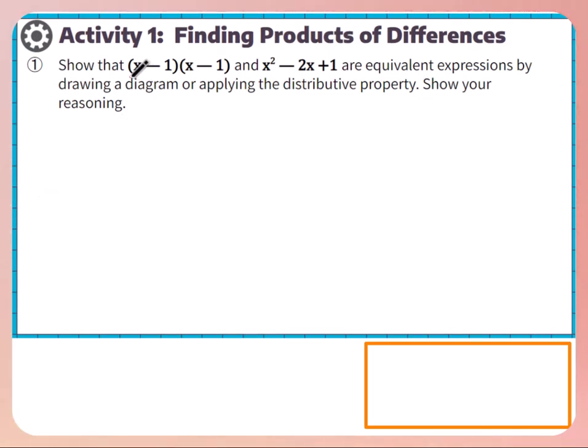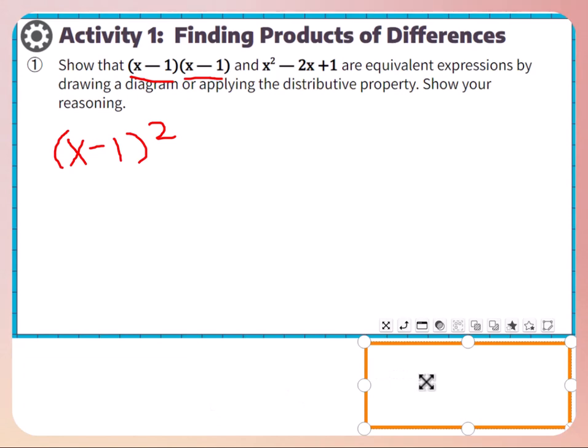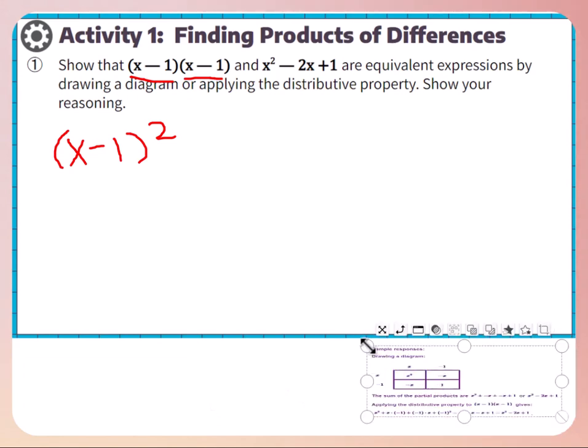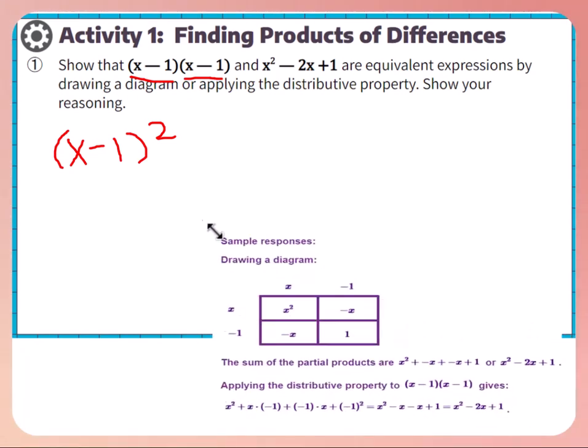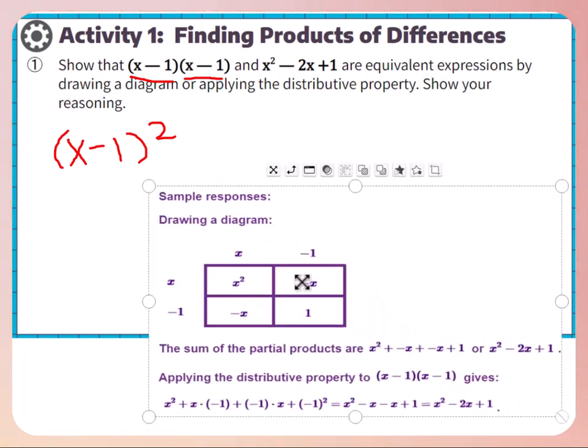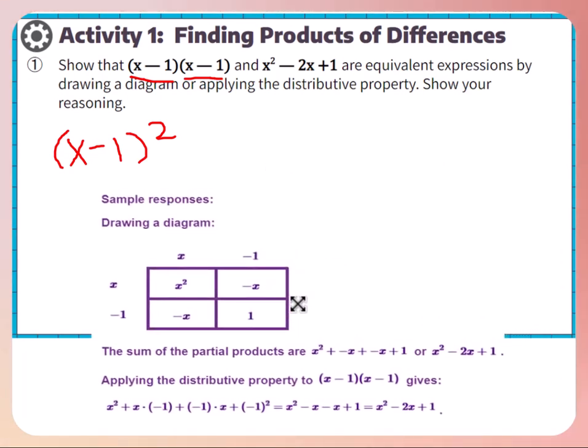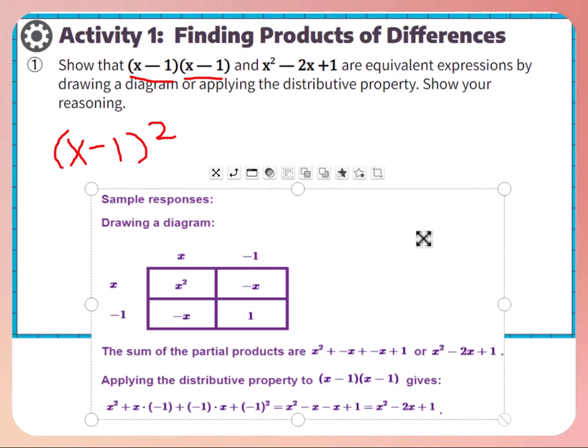All right, we want to show that x minus 1 times x minus 1. I'm going to write this a different way. This is x minus 1 squared. We're going to show that this is equal to x squared minus 2x plus 1. All right, you can use the distributing multiplication. We call that first outer inner last, or you can use your box method.